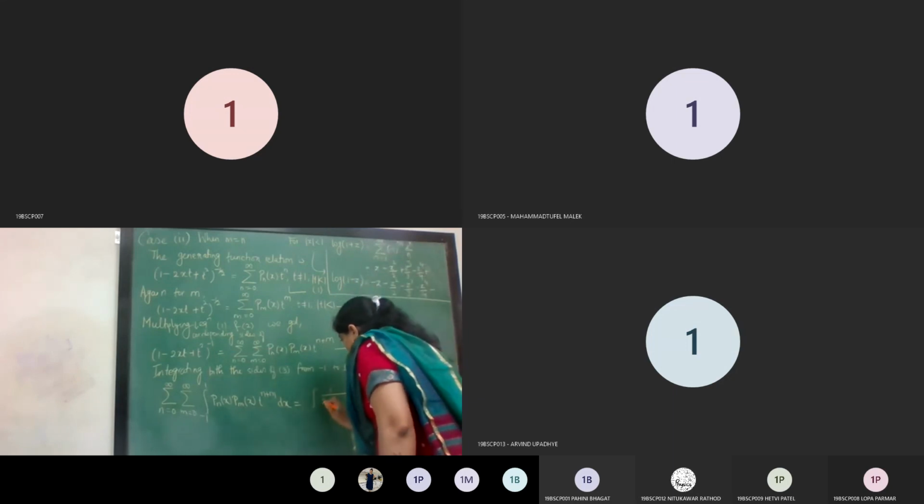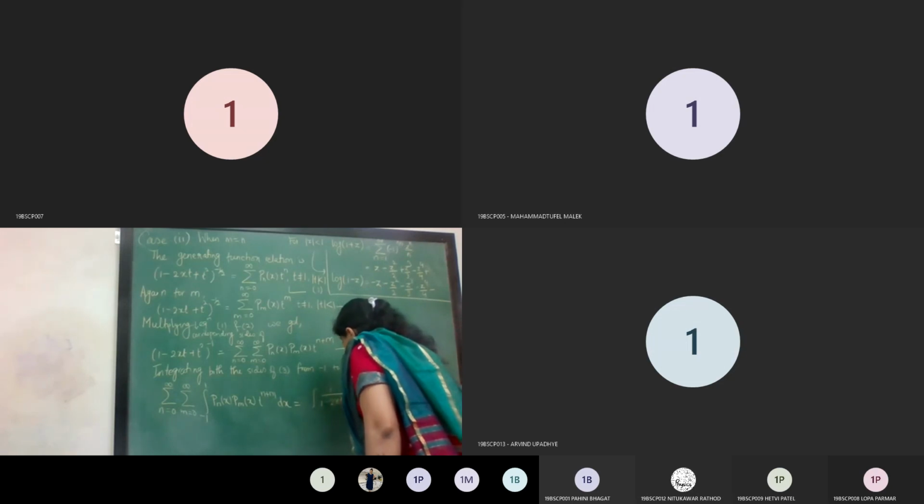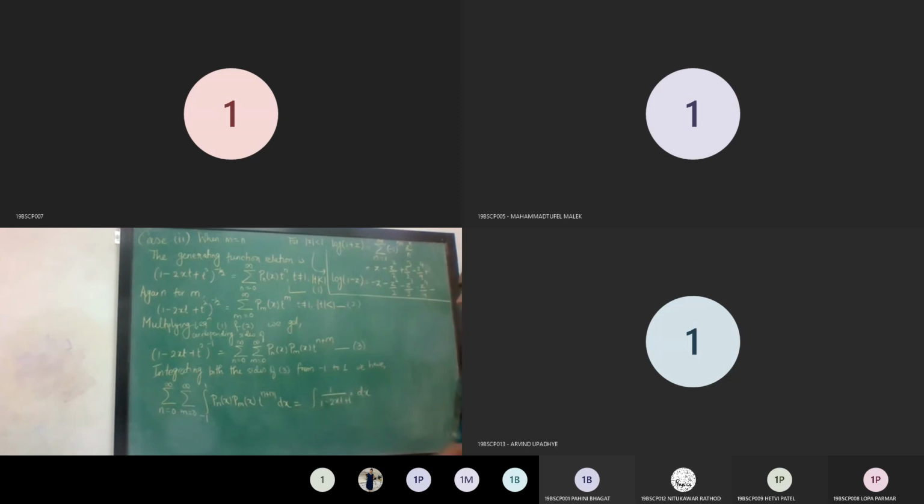Integration of 1 upon 1 minus 2xt plus t square dx. Of course, from minus 1 to 1.